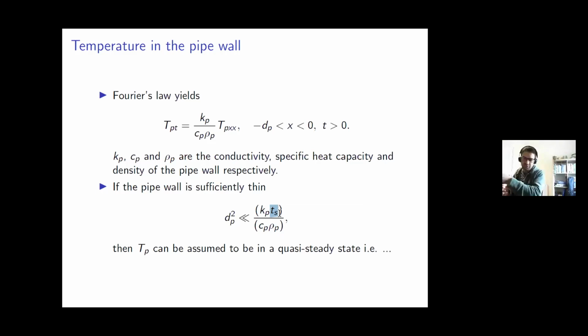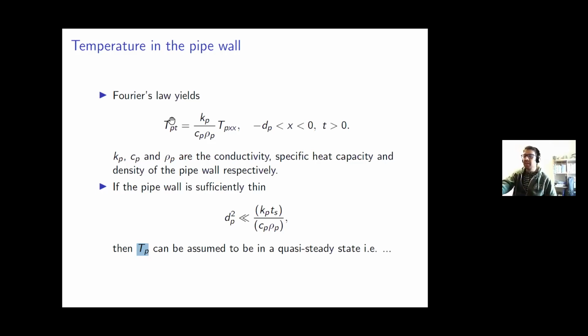I will introduce this term later, but what I will say is, if your pipe wall is sufficiently thin, which in applications typically it is, then you can assume that Tp is in a quasi-steady state.